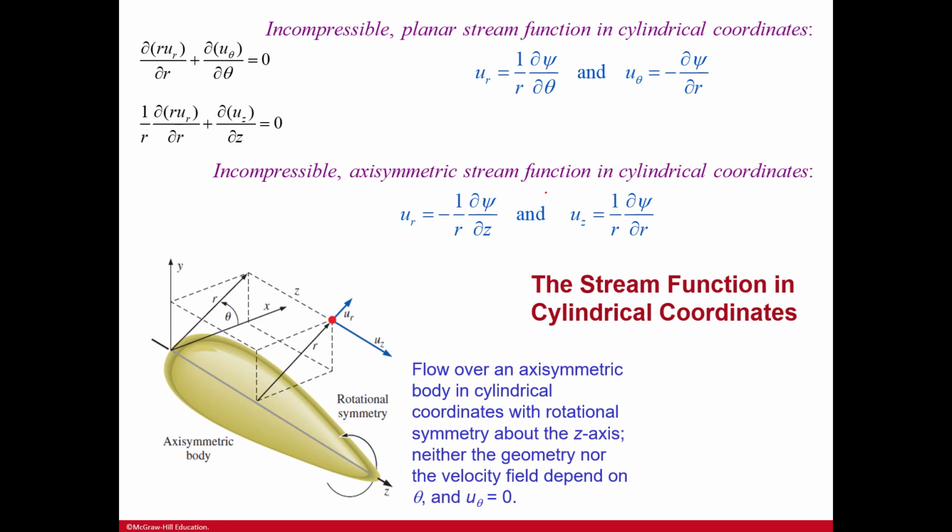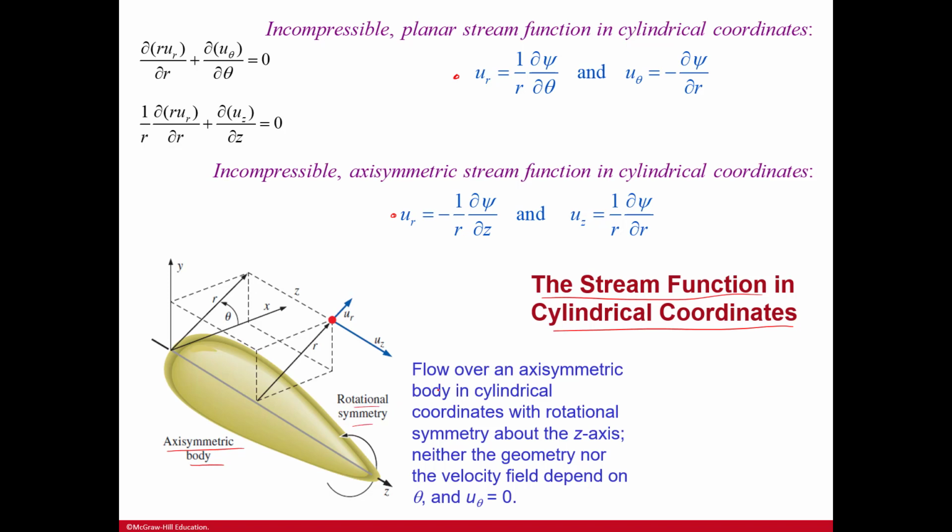Here are the incompressible planar stream functions in Cartesian coordinates, and then the incompressible axisymmetric stream function in cylindrical coordinates. And this is showing you the functions that can be used and a diagram of the axisymmetric case, and then the rotational symmetry.